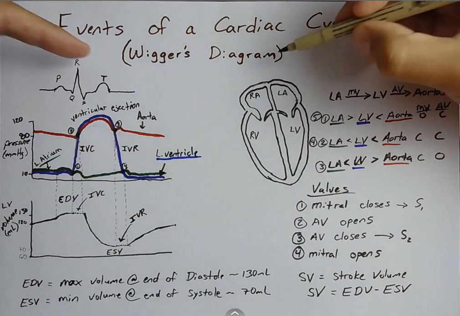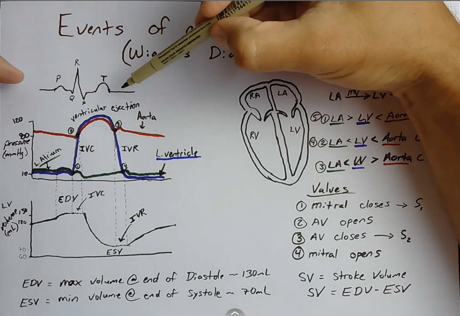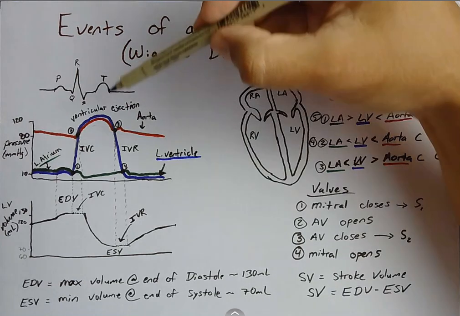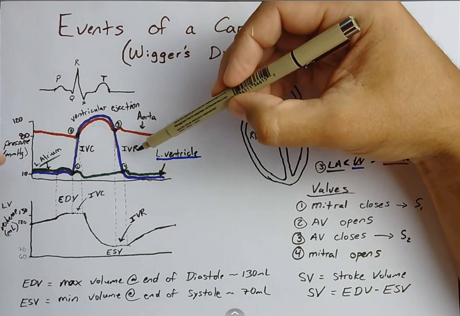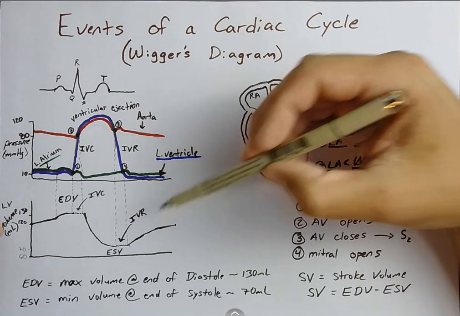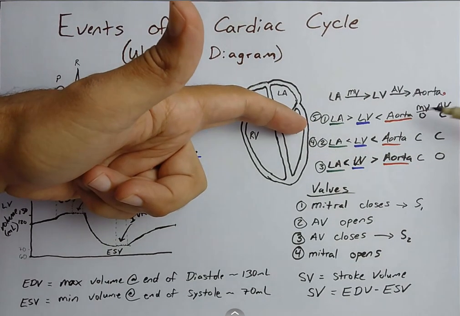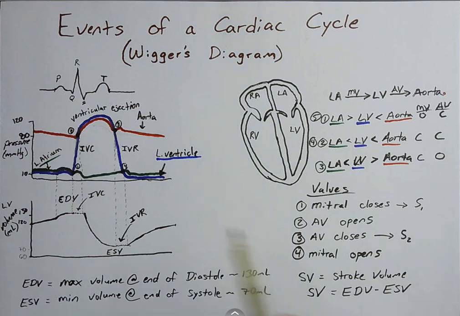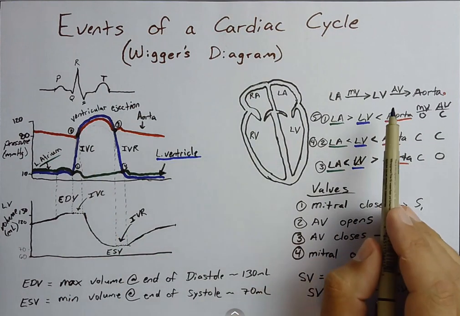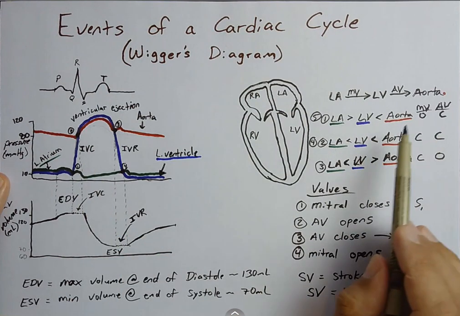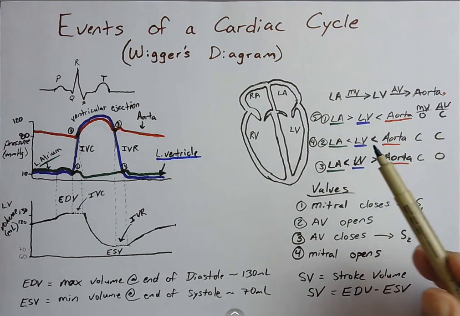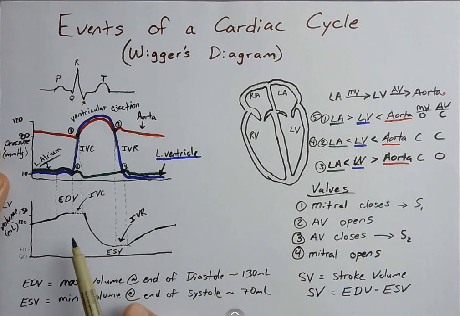And that's how the Wigger's diagram is going to help relate the EKG with ventricular pressures with ventricular volumes, all related to valves being open or closed, allowing for blood to flow. So as pressures change, the valve, either being open or closed, will change, and that is going to change how much volume can leave the heart at any given part of the cycle.